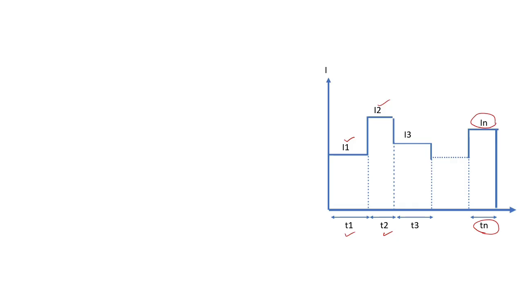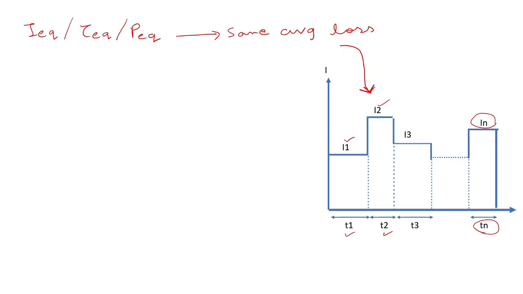Now the aim of this method is to find an equivalent current IEQ, or an equivalent torque TEQ, or an equivalent power PEQ, that produces the same average loss that will be produced by these actual variable currents. This is the aim.